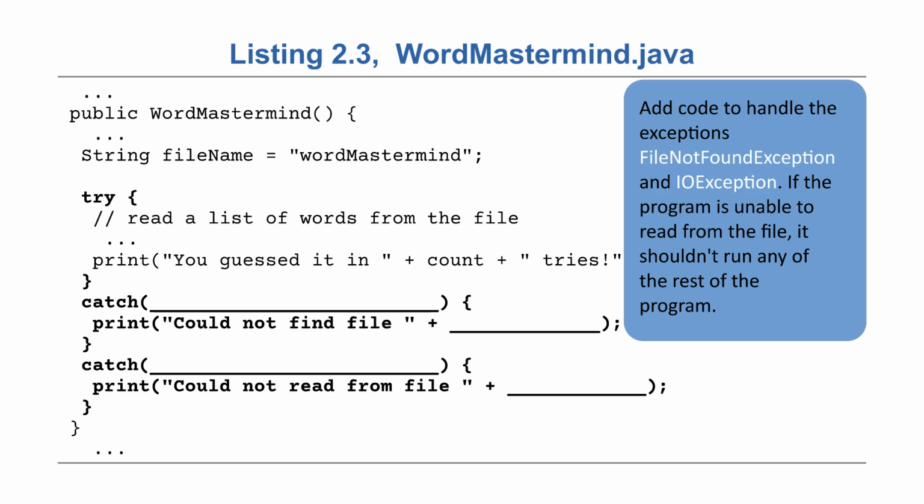If the program is unable to read from a file, it shouldn't run any of the rest of the program. Hint, the entire rest of the constructor should be in the try block. Hint, include the name of the file in the messages in the exceptions. The syntax errors should now all be gone. Run it. What happened? It should still run the same as before with no runtime errors.